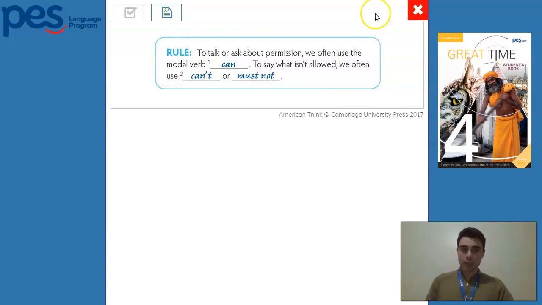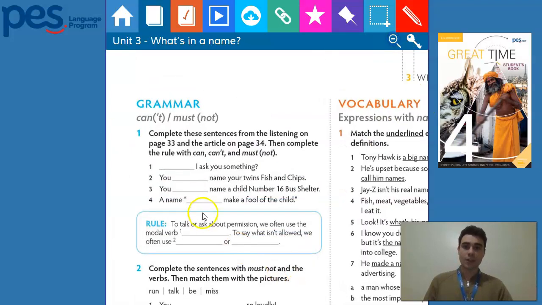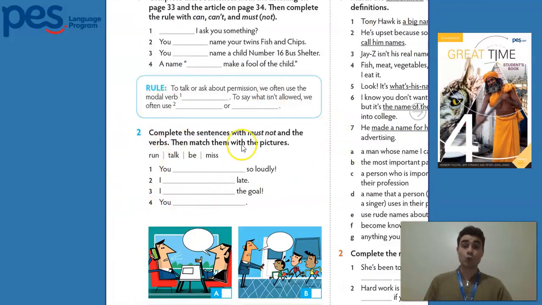Okay? Good. So now, taking a look here at exercise 2, what I want you to do first, I want you to complete sentences 1, 2, 3, and 4 with must not and these verbs over here. So we have the verbs run, talk, be, and miss.